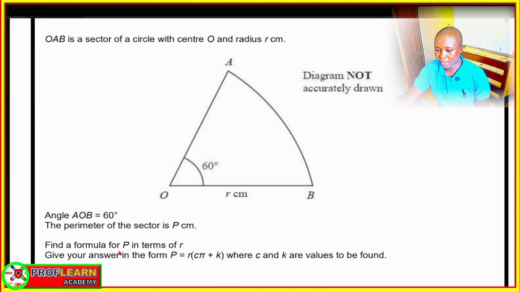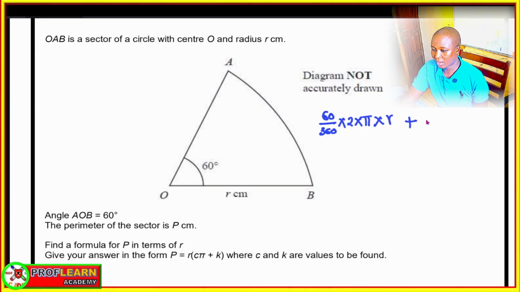Question number 7, we are supposed to give our perimeter in terms of that. Perimeter of the sector P is given by R into (C pi plus K), where K and C are constants to be found. So in order to work this out, we are going to use just the normal formula for arc length, theta over 360 times 2 pi r, and then plus the radius. So we just substitute the variables the way they are.